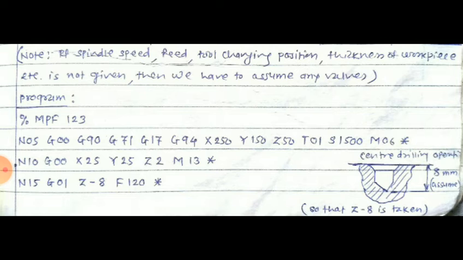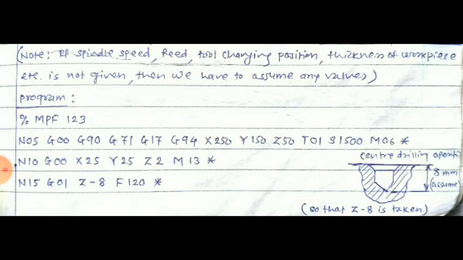S1500, M06. N05 is a sequence number, G00 is a rapid travel of the tool, G90 means absolute dimensions, G71 is metric programming, G17 is plane selection, so the XY plane is selected for the machining operation. Then G94 is the feed rate in mm per minute.